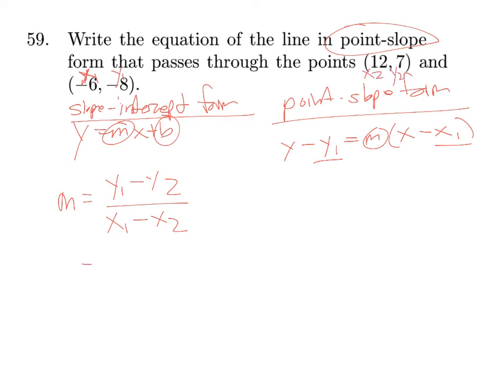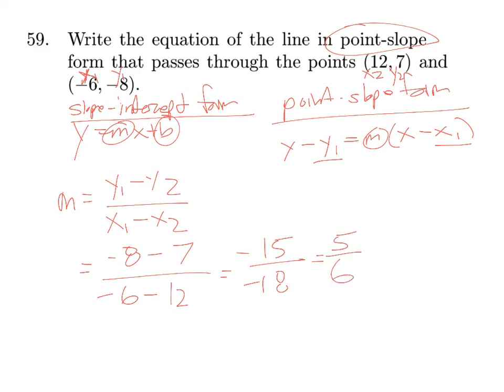Then I have y1, which is negative 8, minus y2, which is 7, over x1, which is negative 6, minus x2, which is 12. So I get negative 15 over negative 18. And that simplifies to 5/6. Yep.